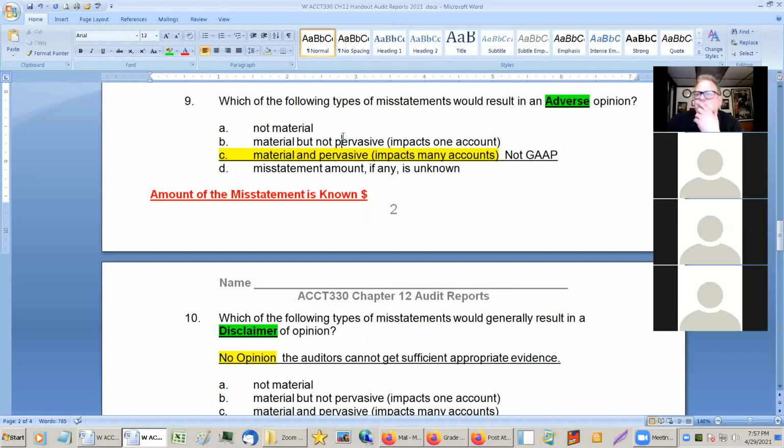Can you do that? What do you think? Yes or no? You've got a client, the financial statements are materially misstated, it's pervasive. And they say, oh, don't give us that adverse opinion. Just give us a disclaimer, so you don't know. Can you do that?